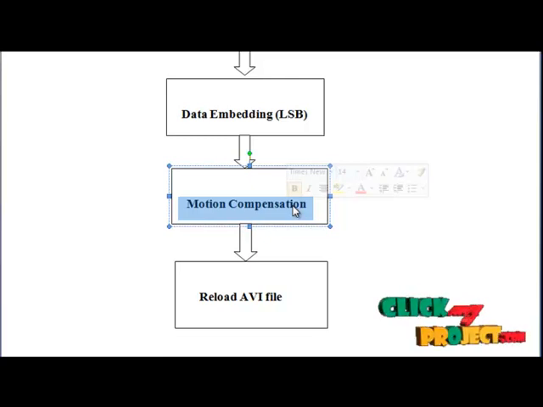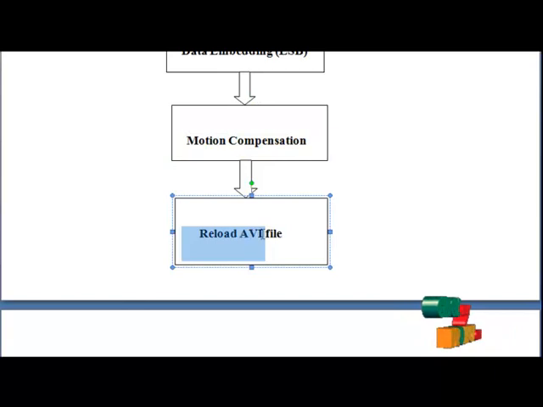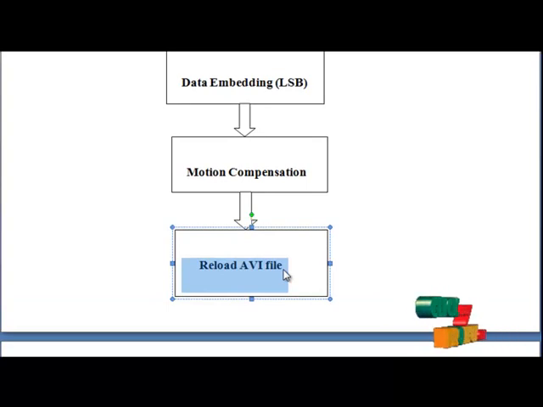For example, in the generation of MPEG-2 files, motion compensation describes a picture in terms of the transformation of a reference picture to the current picture. And the last step is reloading the AVI file. Encoded frames are reconstructed into the AVI video.